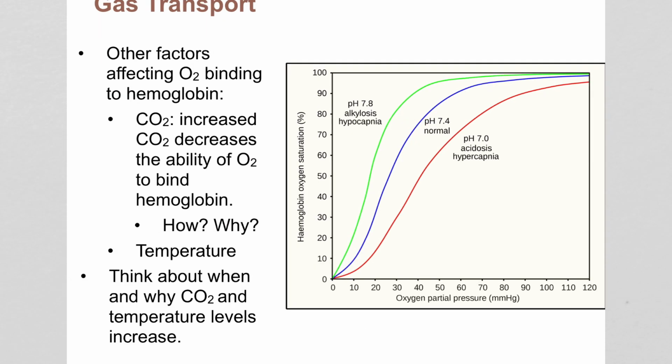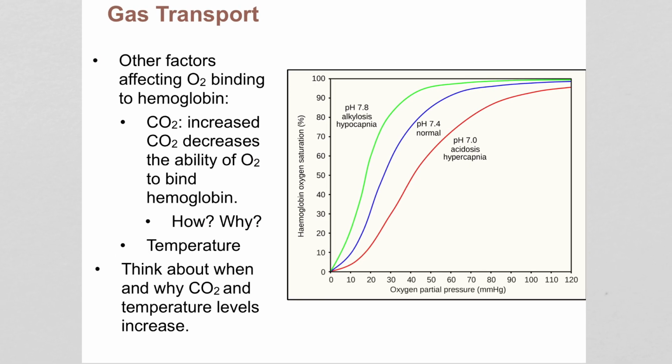These other lines on here, the green and the red line, are showing you what happens if your pH changes. 7.4 is normal, 7.0 is a little bit more acidic than you should be, 7.8 is more alkaline or basic than you should be. If you become acidic, which happens when you start overproducing CO2, so if CO2 levels go up, it'll make your blood pH a bit acidic.